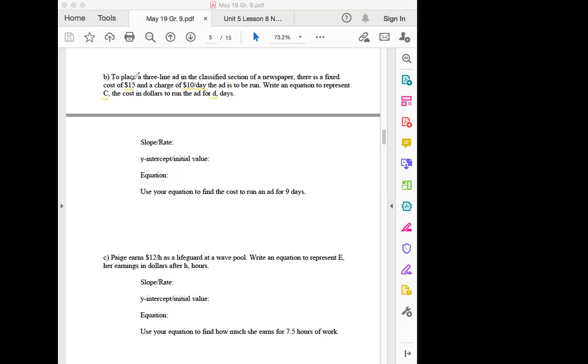Okay, so when we look at this, this is our initial cost. Okay, so that's from the very start, that is what it would cost us. And then after that, we have our rate of change. So changes by day.